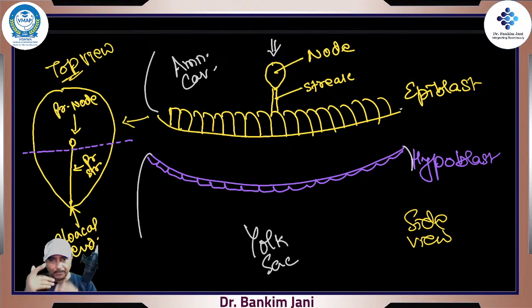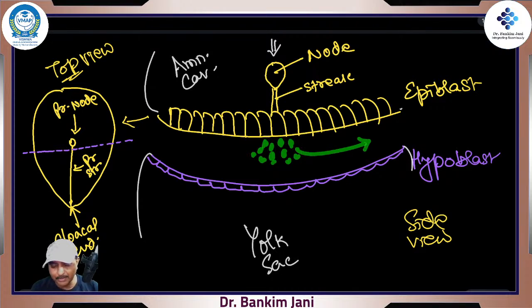But when we watch from the side and we have taken the section, we find that there are cells which are migrating from the epiblast and they go underneath. So they go between the epiblast and the hypoblast, and then they start moving. These cells differentiate and move like this and like this.